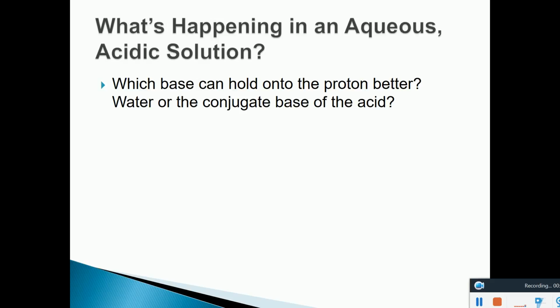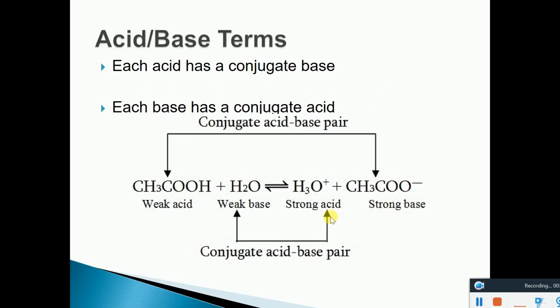If something is more negatively charged, like in the example that we just had, and we can go back to that, when it picks up its proton, it becomes this, and it's going to hold on to that proton more, because it's a weaker acid, than this species, once it's been protonated, coming from this base, is going to hold on to that proton. Because it's a stronger acid, it's going to dissociate, it's going to react.